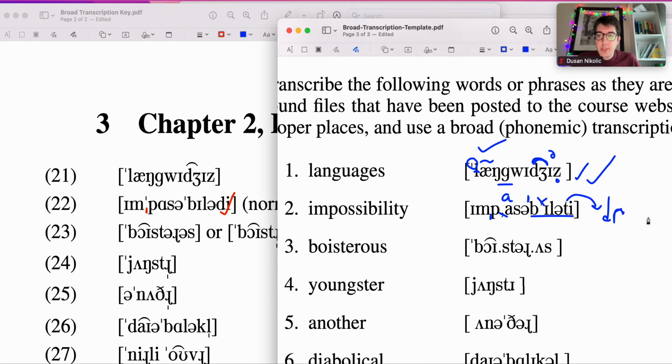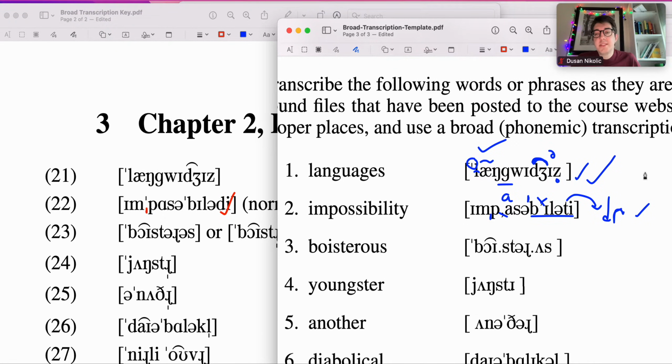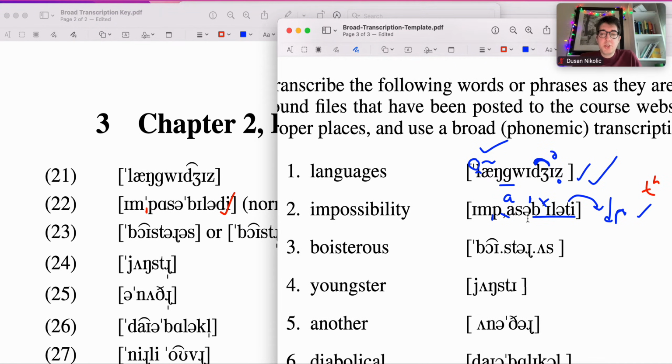So these two would work, but not t. T wouldn't work here because they are not saying t. It's voiced for sure, and if they said t, it would be more British style, and it would probably be aspirated, impossibility, right? A little bit aspirated for sure. So pay attention to those things with your narrow transcription exercise.